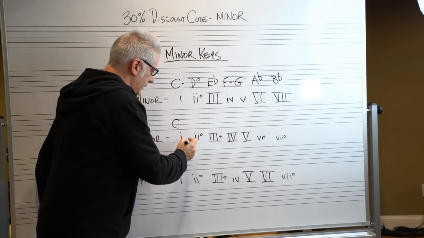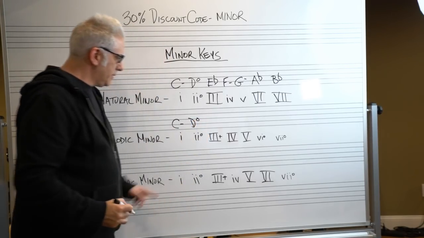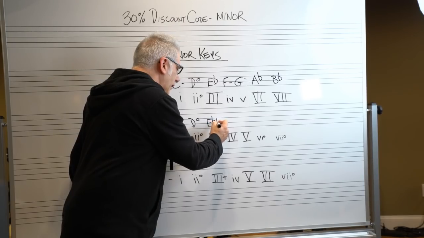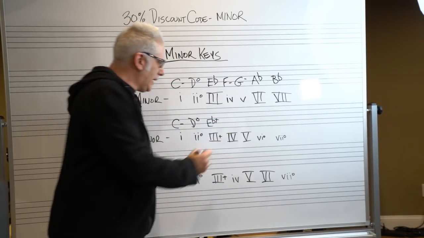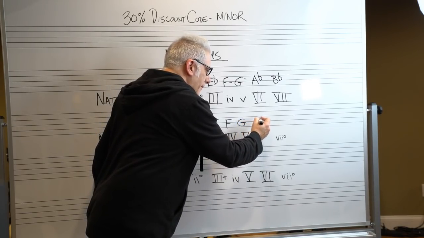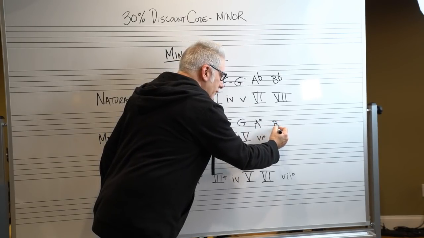So C minor, D diminished. This plus means augmented. This is going to be E flat augmented, F major, G major, and then you have A diminished and B diminished.